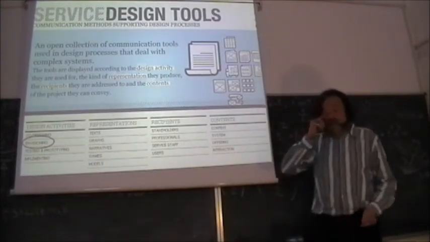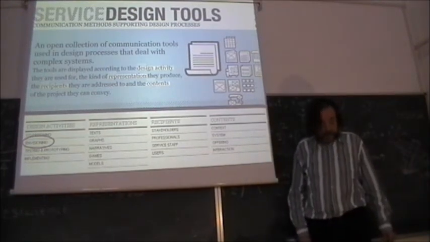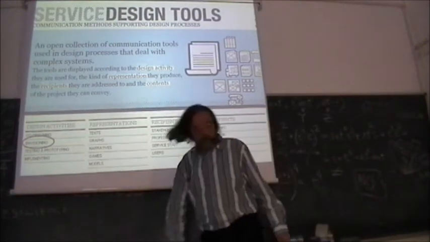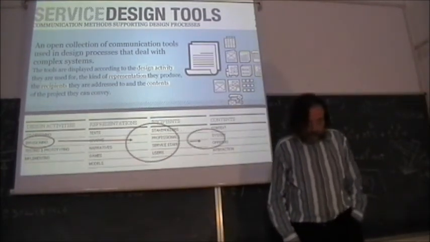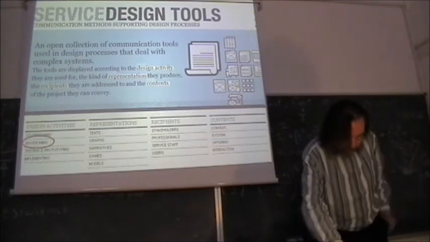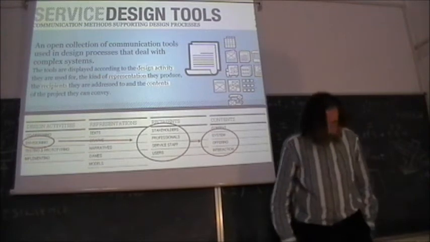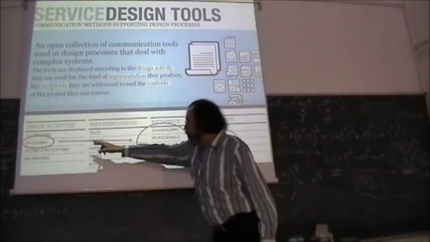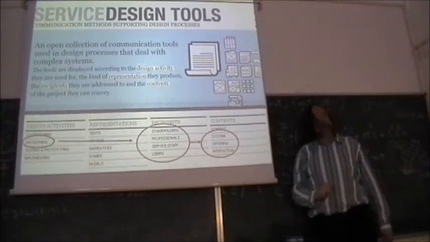Just to make sure, we are still working in the general framework of the service design tools. We have been working on envisioning, and we are now going to expand this. So you could say we are also now prototyping, and we are talking about systems and offerings and interaction.